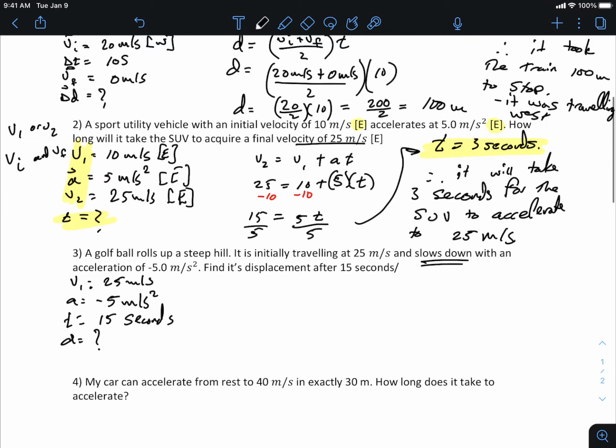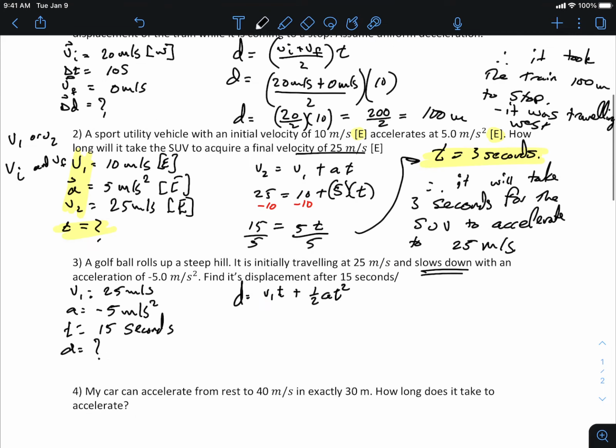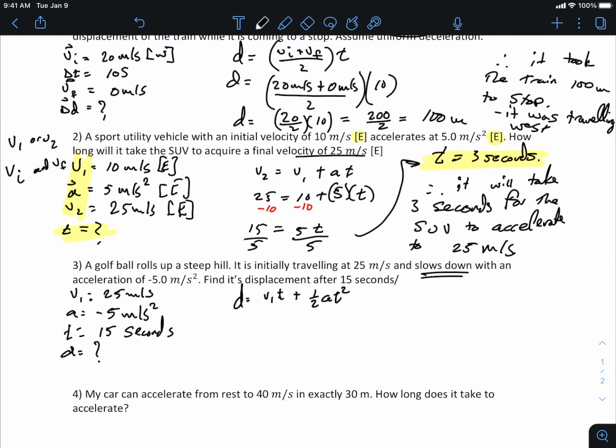So, okay, d is equal to v1t plus half at squared, I believe. Yes. Okay, you just plug in your information. So d is going to equal v1, 25 times 15 plus 1/2 times negative 5 times 15 squared. You just type this into your calculator.